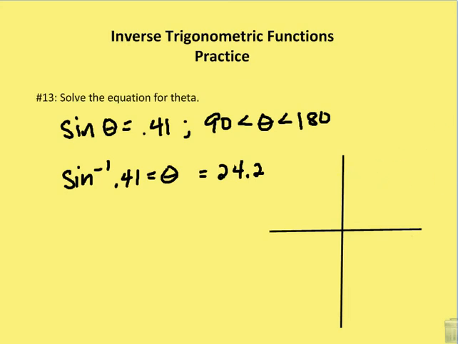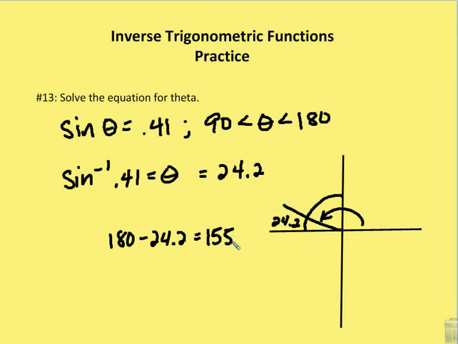So between 90 and 180 degrees, I am looking at a value that's in this area. If my reference angle is 24.2 degrees, which in this case is here, then I can figure out that my angle in question is going to be 180 minus 24.2 degrees, which is equal to, if my math is right, 155.8 degrees.